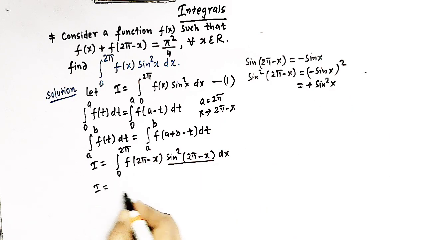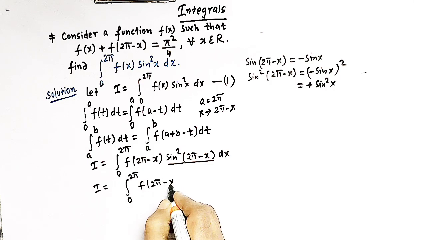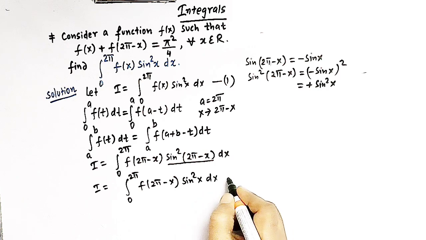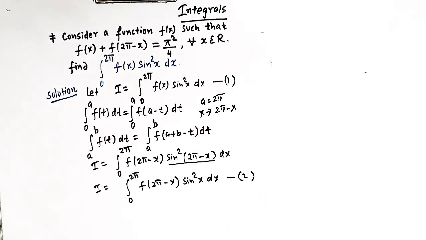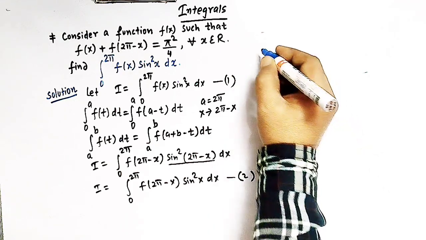So we have now I is equal to the integral from 0 to 2 pi of f of 2 pi minus x, and here we have sine square x dx. So let us call this integral 2. So now let us add 1 and 2.